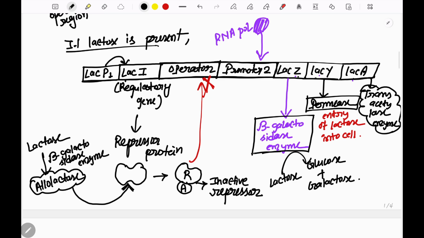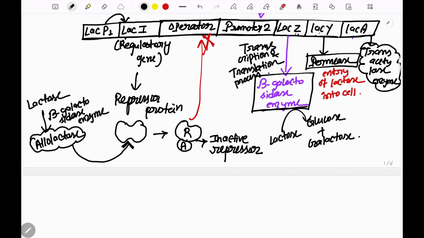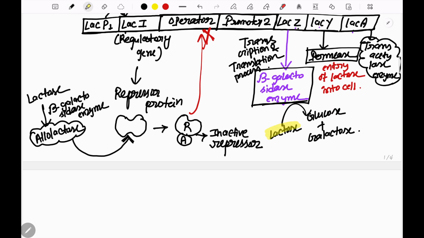So basically this is the transcription and translation process. Now these are the main points for this breakdown. We have gone through all these steps.